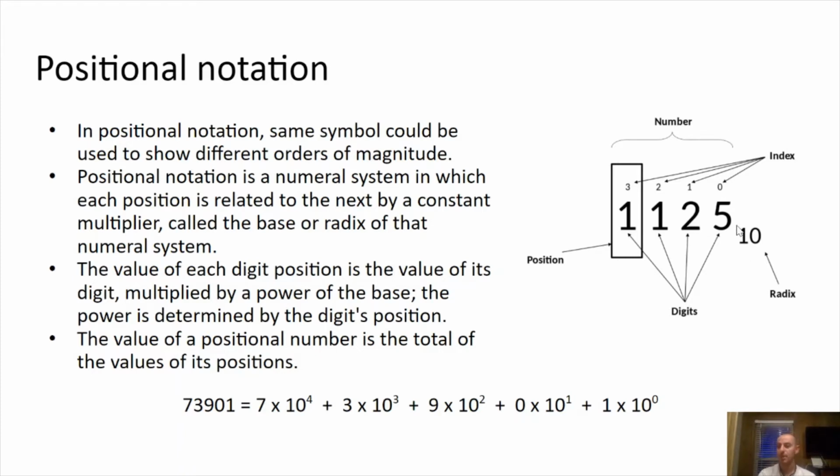Then I add 2 times 10 to the power of 1, so 2 times 10, which is 20. Then 1 times 10 to the power of 2, so that's 100, and so on. So you index these positions 0, 1, 2, 3, and so on, and the value of each position is the base to the power of that index.